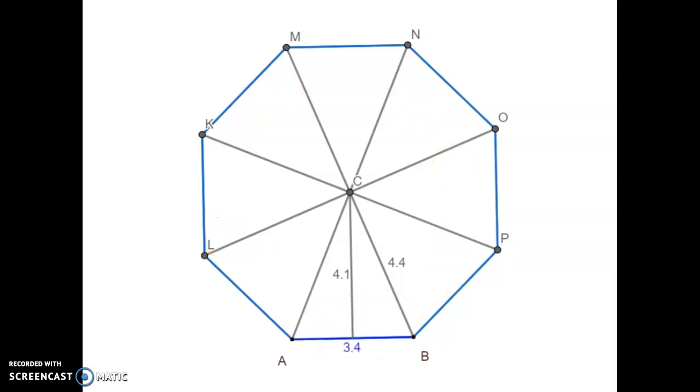So my area of a triangle is the formula 1/2 AB. So I do have a formula here. It says 4.1 and 3.4. So 4.1, that's the height, and 3.4, that's the base. So to find that area, I just use my area formula.